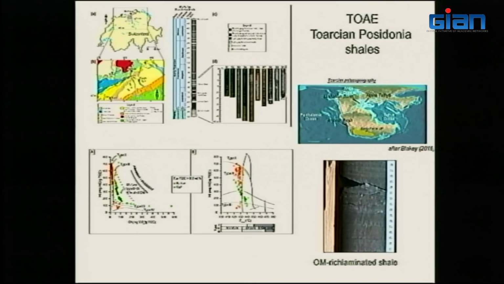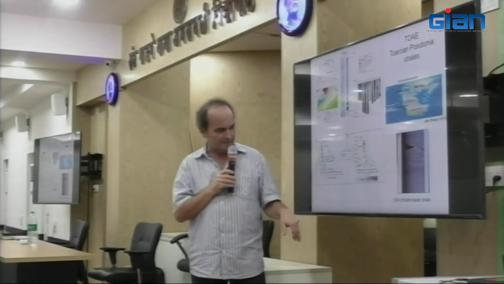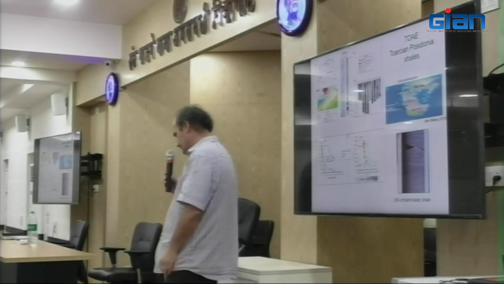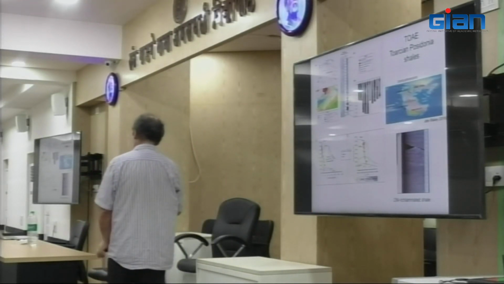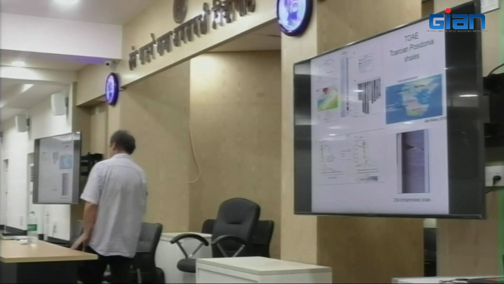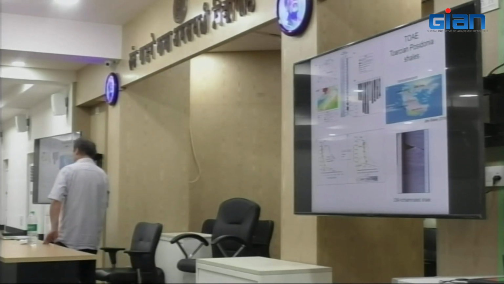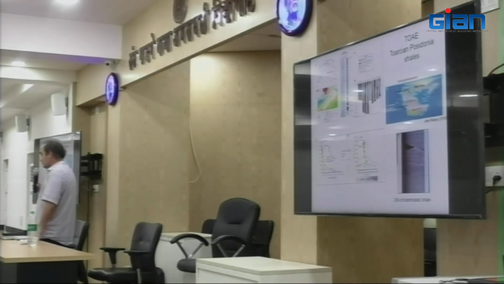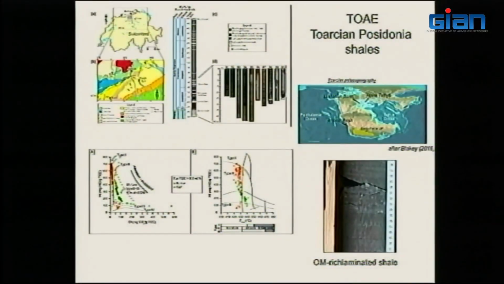but versus a measurement which I don't want to go into details about, but will give you more or less the degree of maturity of your organic matter. Because for the people looking at petroleum, it's very important to know if your organic matter is immature, so not transformed into oil and gas, if it's mature, transformed into oil and gas, or overmature, meaning that already everything has been transformed and everything escaped, okay?